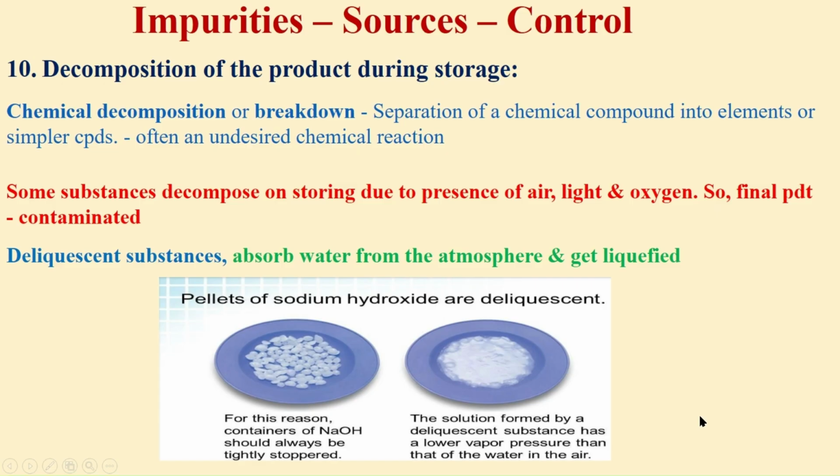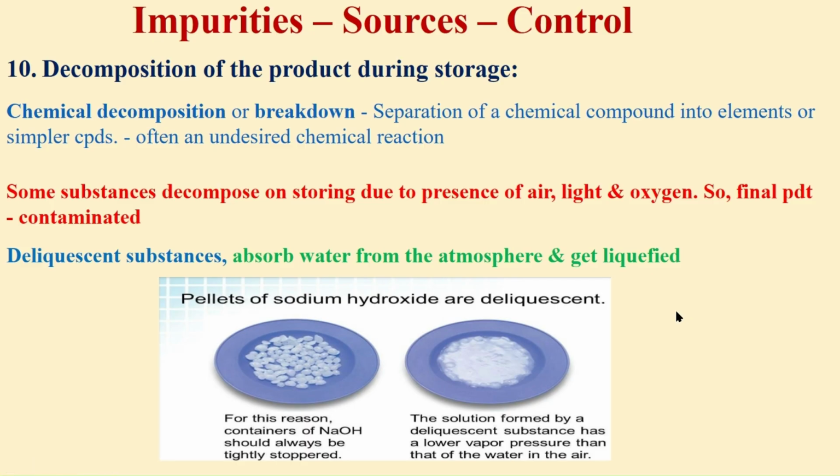We have to store it in an airtight container. If possible, we should use a material which absorbs the water or moisture present in the container. This is how we can prevent these sources of impurities that arise due to decomposition of the product because of improper storage conditions.